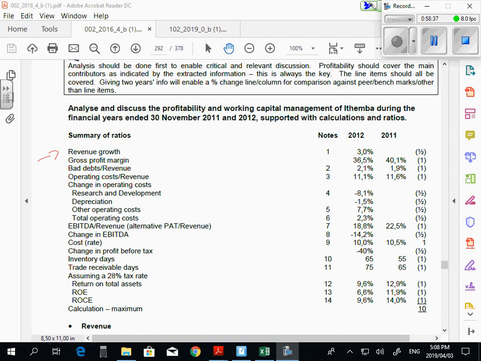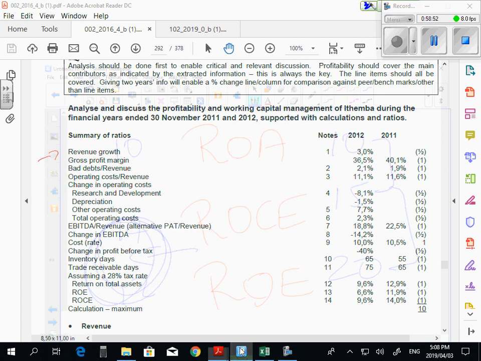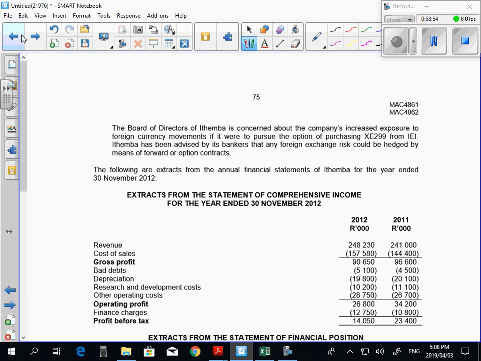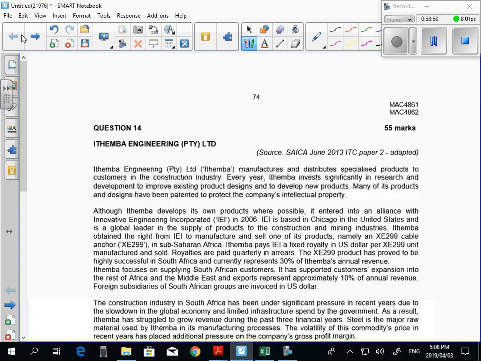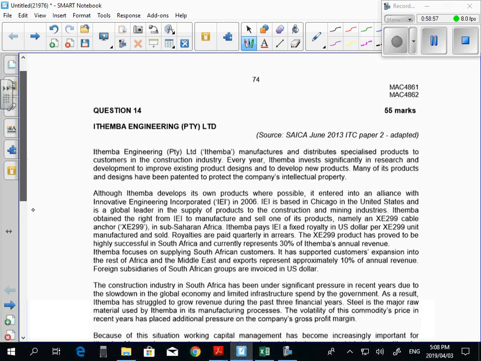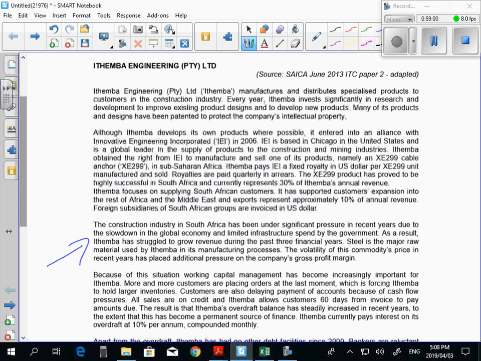So let's start discussing. What has the question told us about what to expect for revenue? What's in paragraph 3? The construction industry is in a slowdown. Yes? Under significant pressures due to the slowdown in the global economy and limited infrastructure spend.